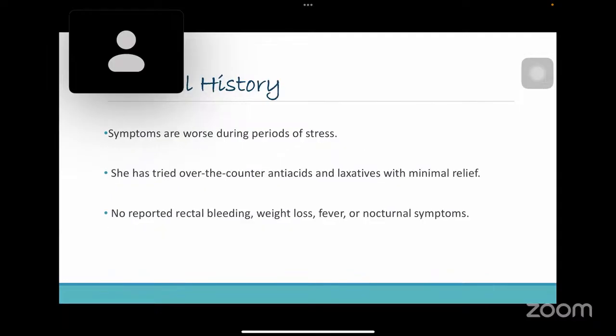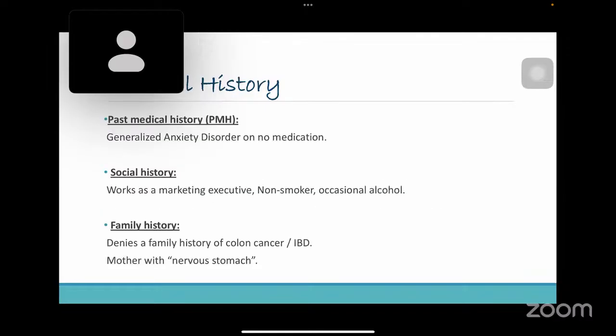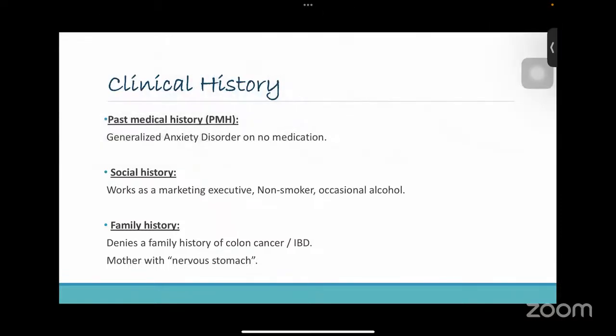She's tried over-the-counter medication with minimal relief, and she did not report any rectal bleeding, weight loss, fever, or nocturnal symptoms. In her past medical history, she's diagnosed with generalized anxiety disorder, for which she's not taking any medication. She works as a marketing executive, is a non-smoker, and drinks occasionally. She denies a family history of colon cancer or IBD, but stated that her mother always complains of a nervous stomach.